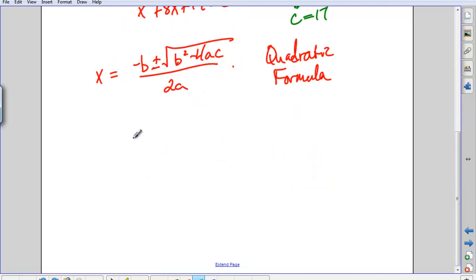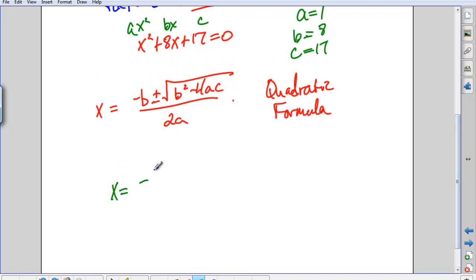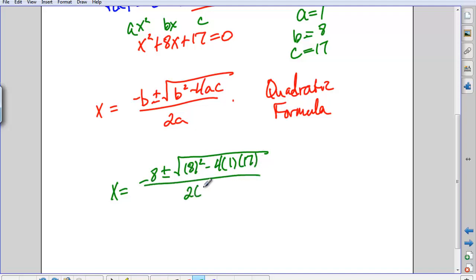So we would say the opposite of 8, minus 8, plus or minus the square root of 8 squared minus 4 times 1 times 17, all divided by 2 times 1, 2a. So that is negative 8 plus or minus the square root of 64 minus 68 over 2. Just work this down.